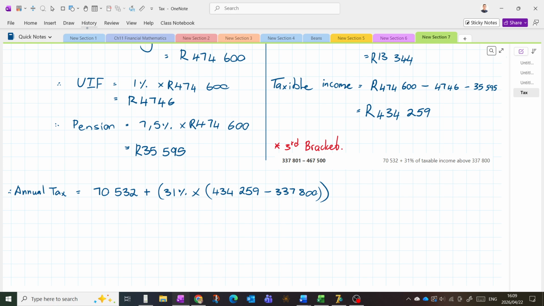Okay, that's going to give us his total tax, but I'm doing it all in one step. So we're going to take his primary rebate that he's getting, 15,714 Rand. We're also going to take his medical aid credits for 13,344 Rand.